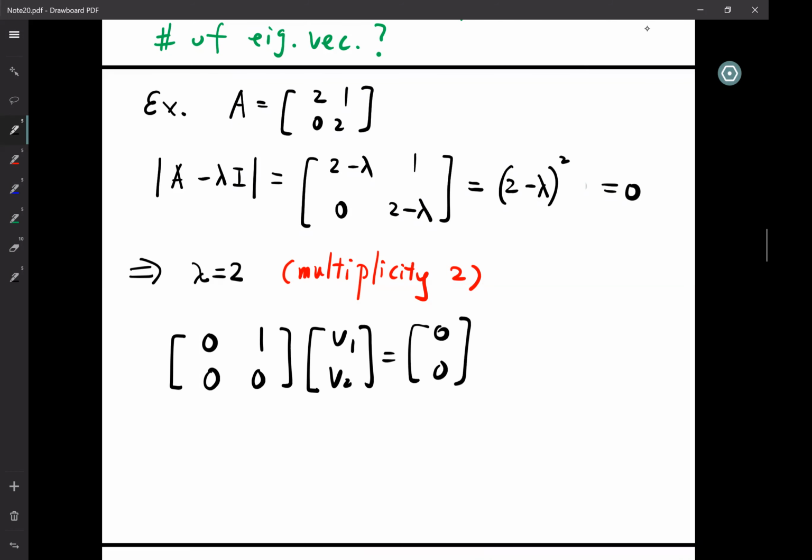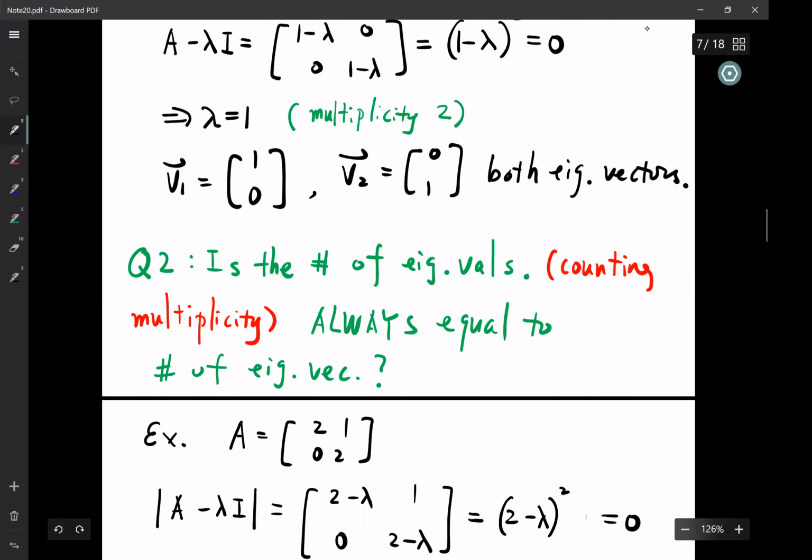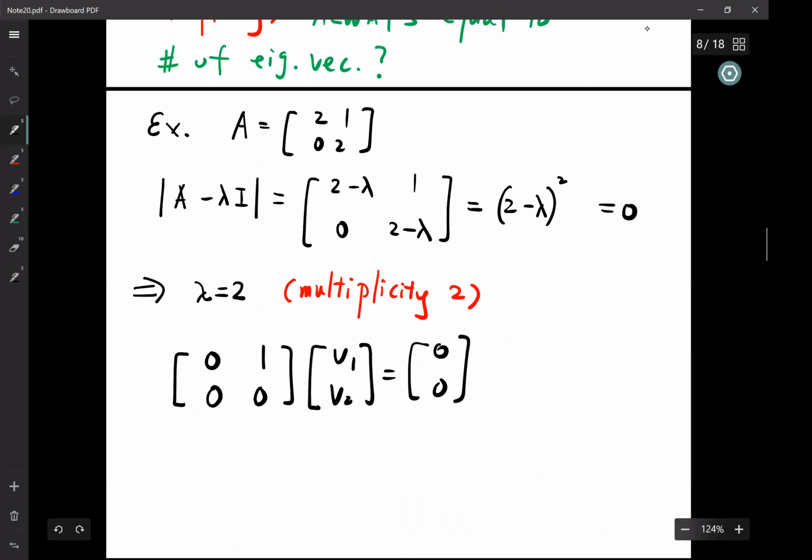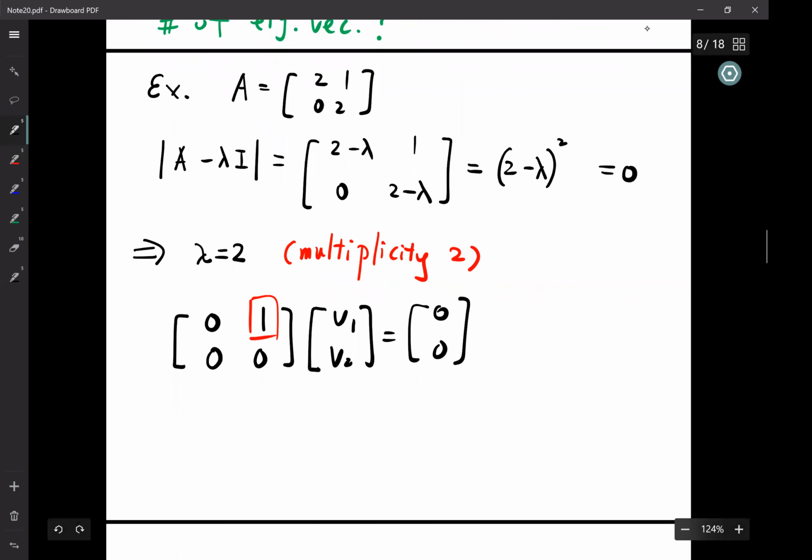You say, wait a minute, before, when I subtracted, there was no pivot whatsoever, so the dimension of the null space is 2, and that's why you could find two eigenvectors. Now, this is obviously a pivot. So the dimension of the null space, by the rank theorem, which is a trivial statement saying that the number of columns equals the number of columns with a pivot plus the number of columns without a pivot. There's already a pivot, so the dimension of the null space can only be 1, and the solution is 1, 0.